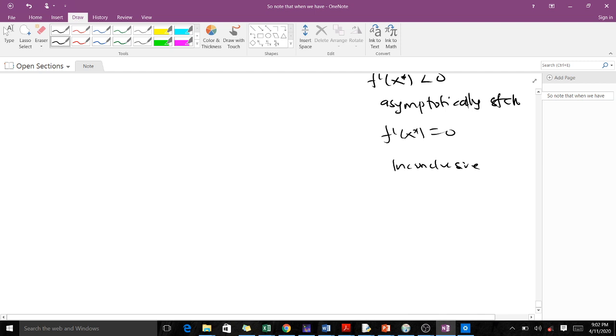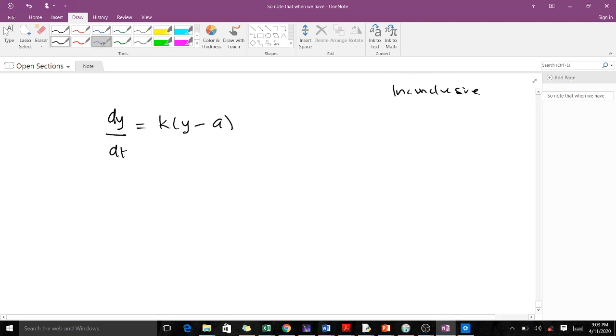So back to our question, we had dy/dt equal to k(y minus a). So we are supposed to discuss the stability of this scalar differential equation. So usually the first thing we have to do is to find the fixed point.